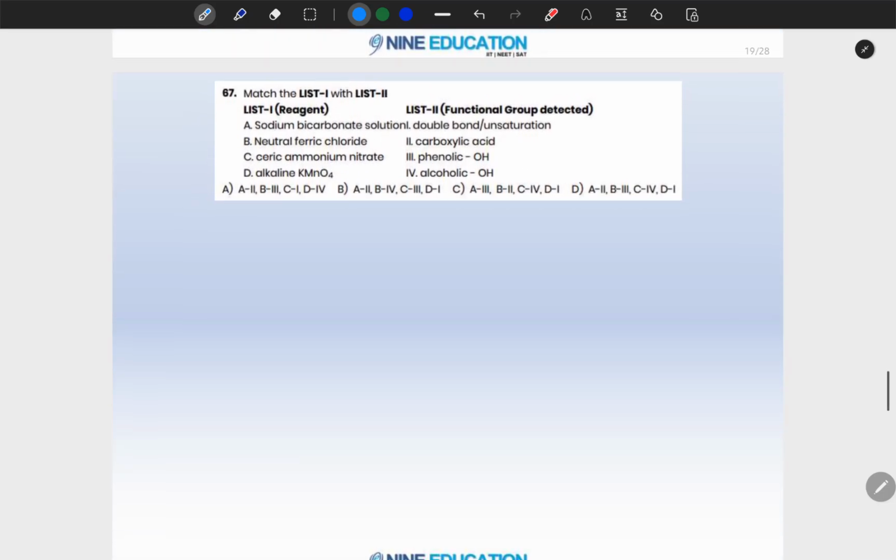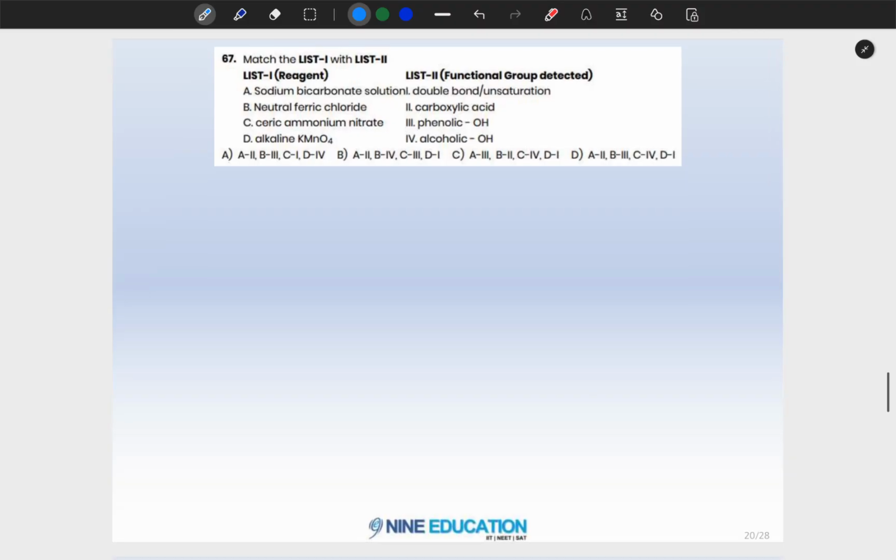Next question. This is a question based on practical organic chemistry. Now sodium bicarbonate solution can be considered a weak base. Obviously this will react with carboxylic acid resulting in the formation of salt.